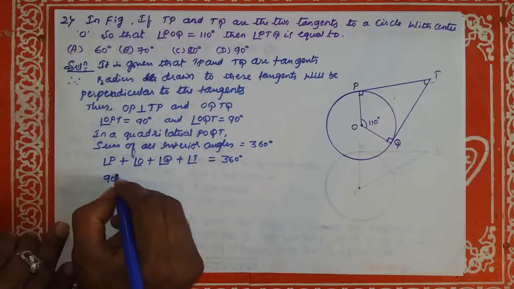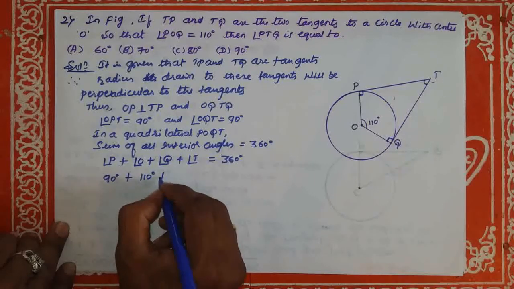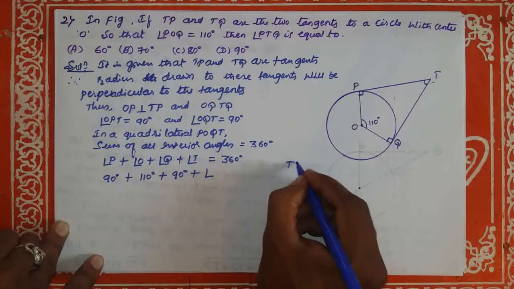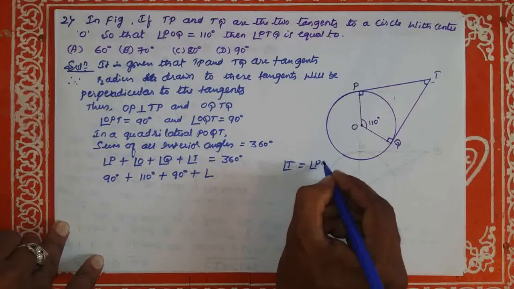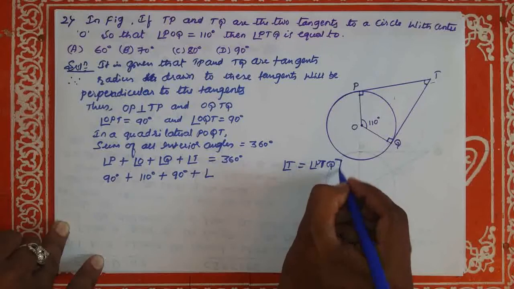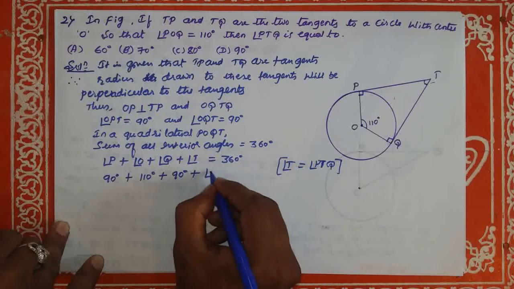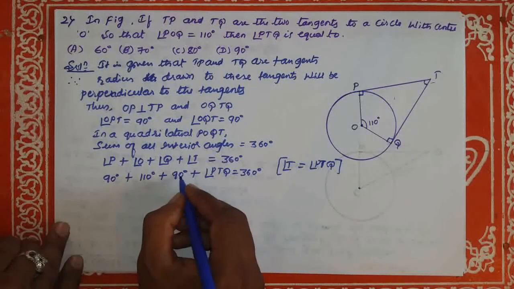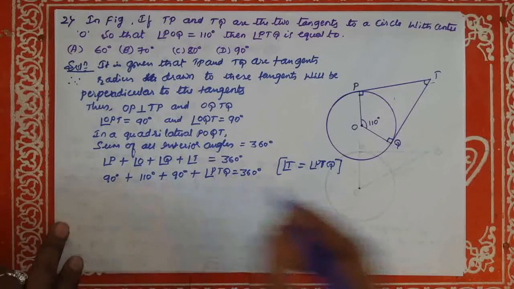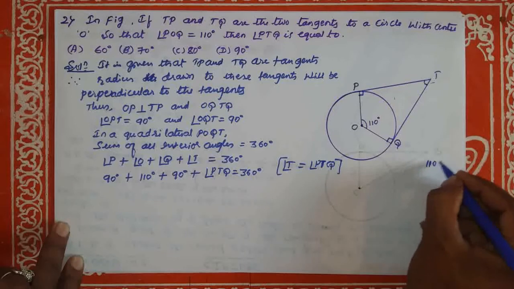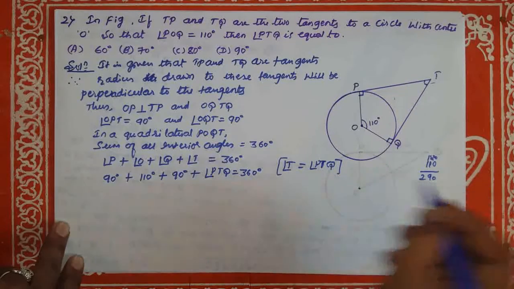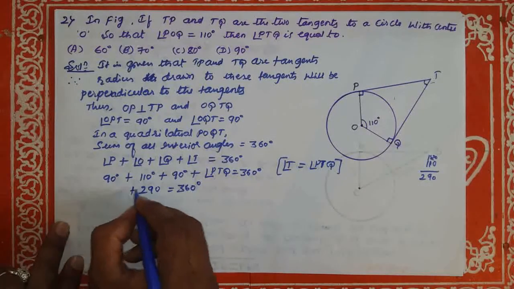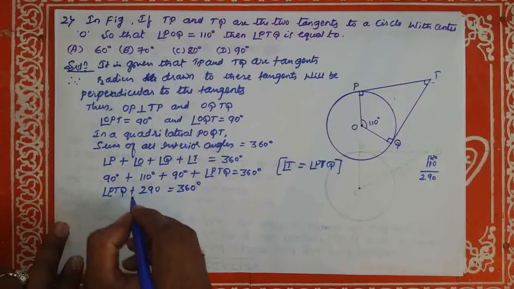Angle P is equal to 90 degree, angle O is equal to 110 degree, angle Q is equal to 90 degree, plus angle PTQ. 90 plus 90 is 180, 180 plus 110 is 290. So 290 plus angle PTQ is equal to 360 degree.